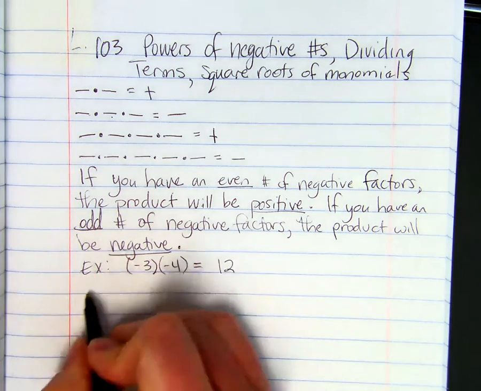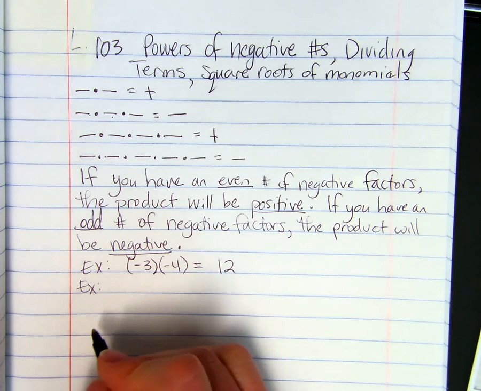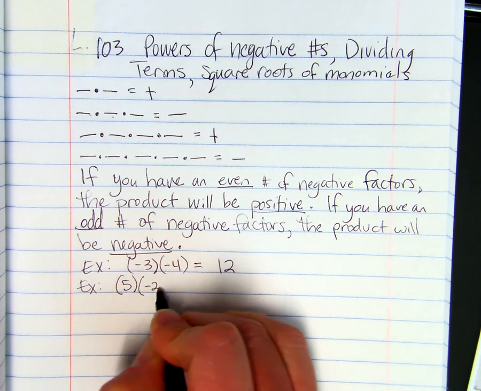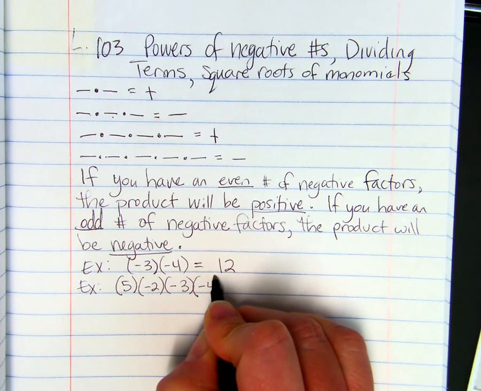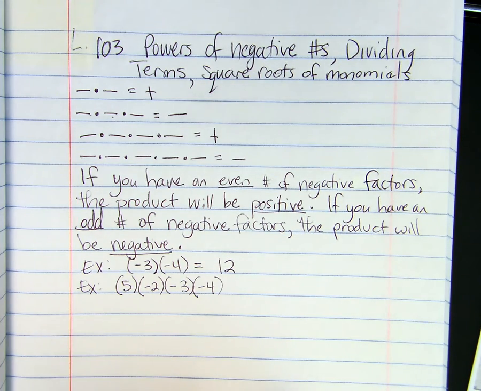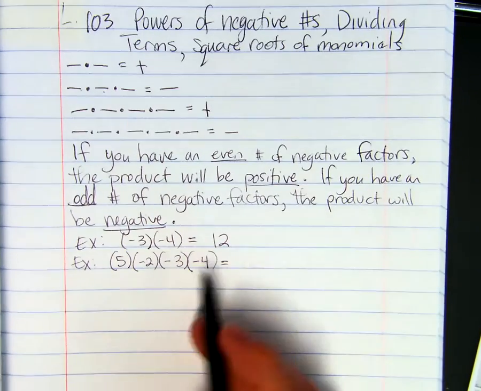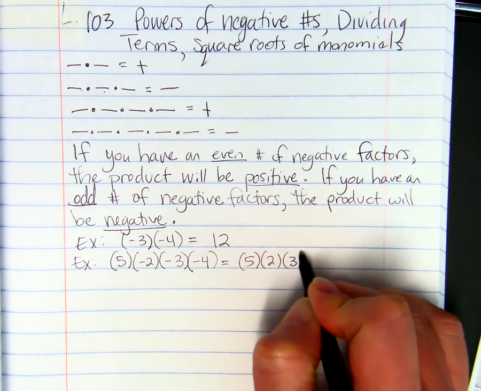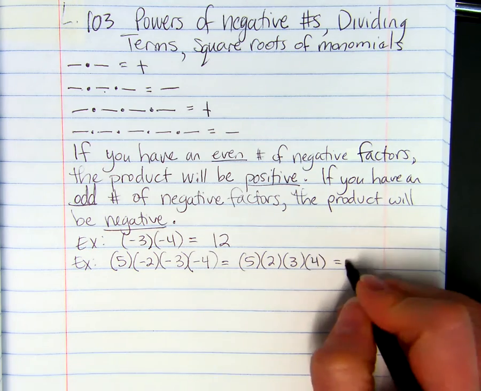Here's another example. We have a 5 times a negative 2 times a negative 3 times a negative 4. So if we just multiply 5 times 2 times 3 times 4, we get 12 times 10, 120.